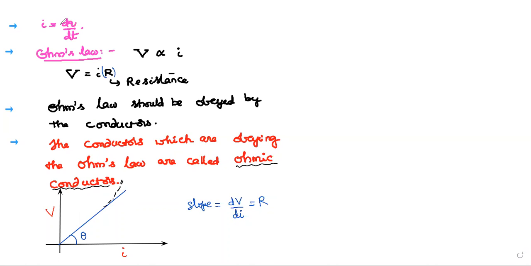For non-ohmic, the graph will appear like this. Almost at the lower voltages, there only the non-linear relationship you can find, at the beginning only.